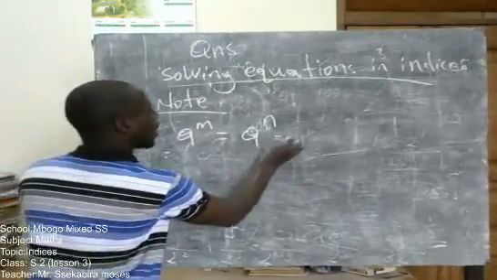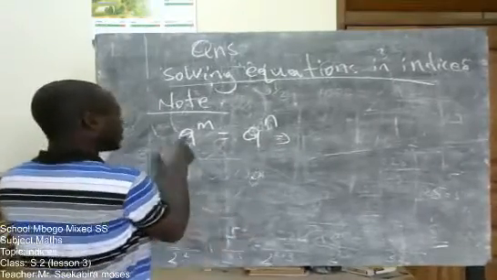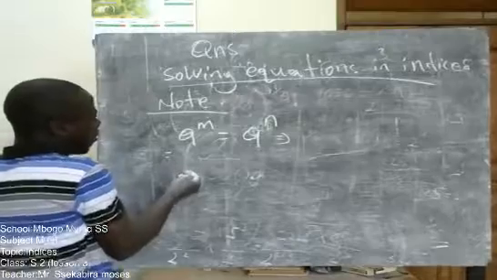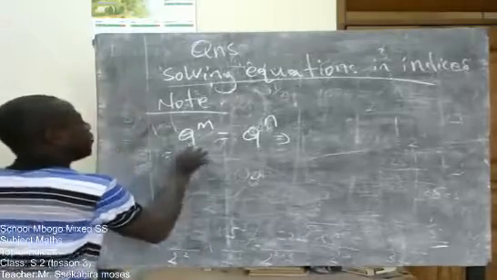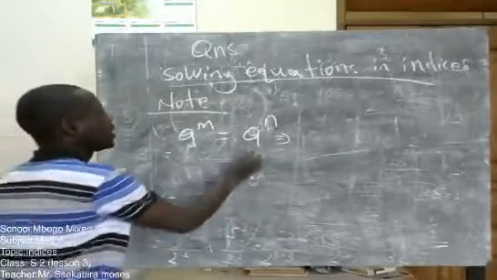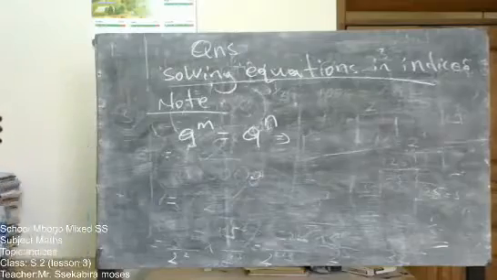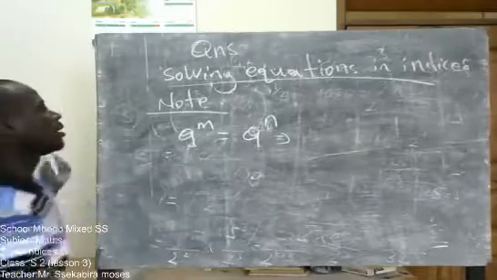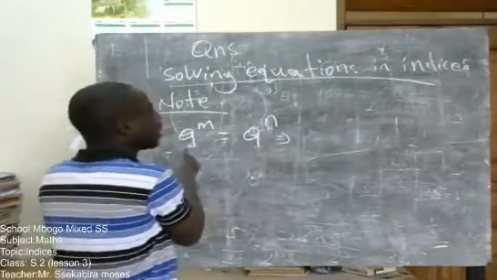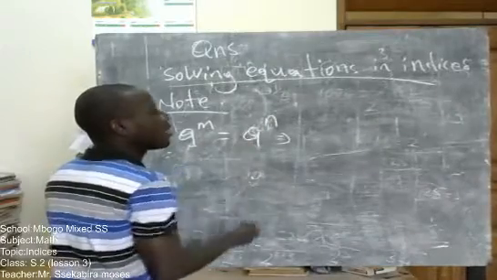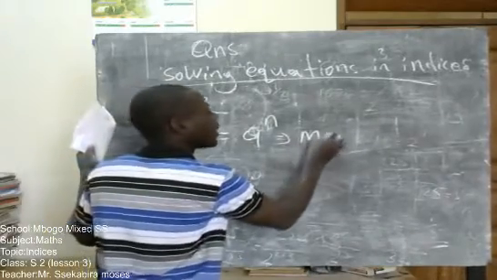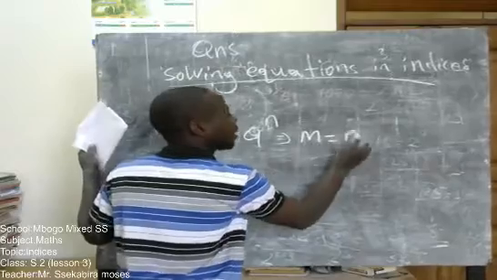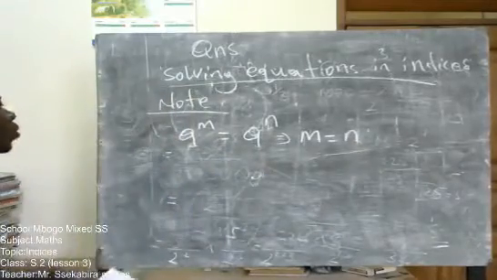This implies that since on the left hand side the base is a, and here the base is a, when the bases are equal, even the powers are equal. What does it imply? It implies that m is equal to n.